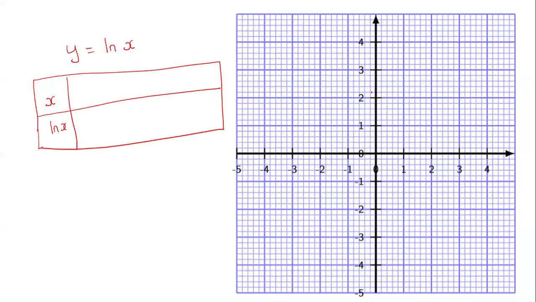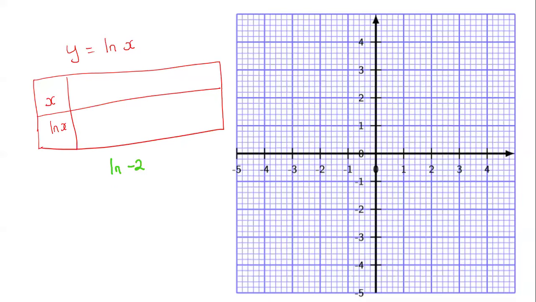Members have suggested -2, others -1. Now, the first test: can people tell me, if you put ln of -2, what do you get? Put it on your calculator. What does your calculator give you? Math error, math error, math error.